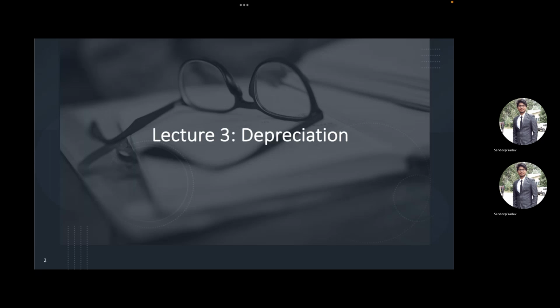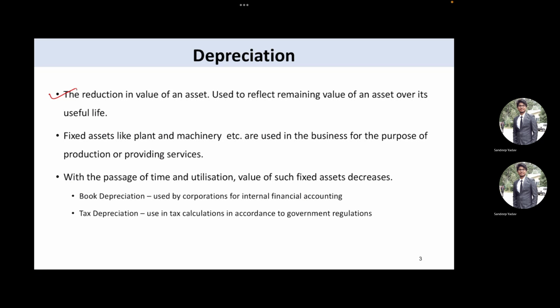So starting with, what is depreciation? The reduction in the value of an asset, used to reflect the remaining value of an asset over its useful life. Suppose you have bought something today, but after some time its value is getting depreciated.